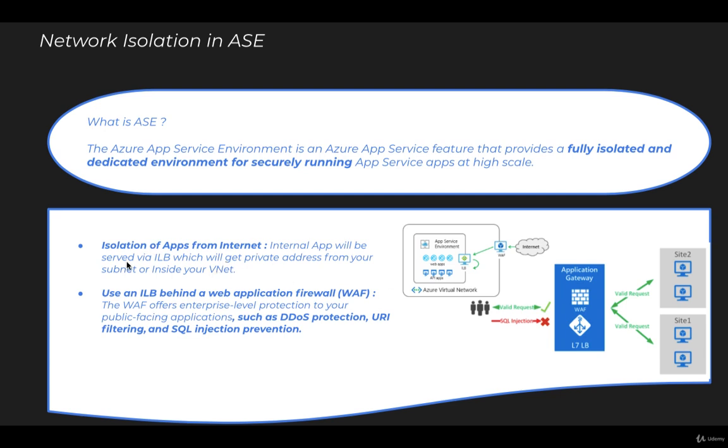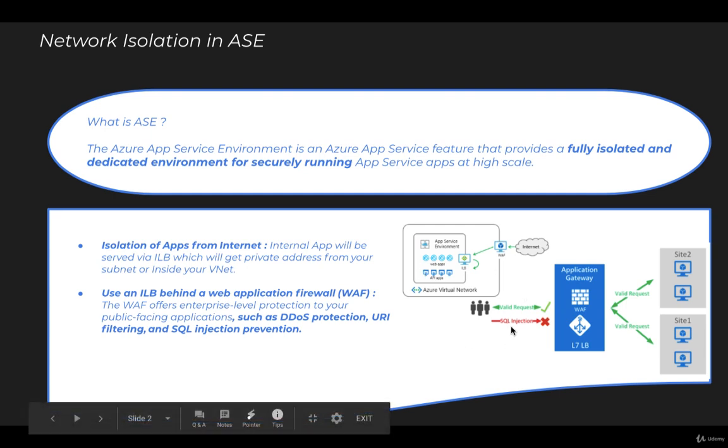An internal app will be served via the ILB. Here you get a dedicated load balancer, which gets a private IP address from your virtual network only, so you get a dedicated environment.